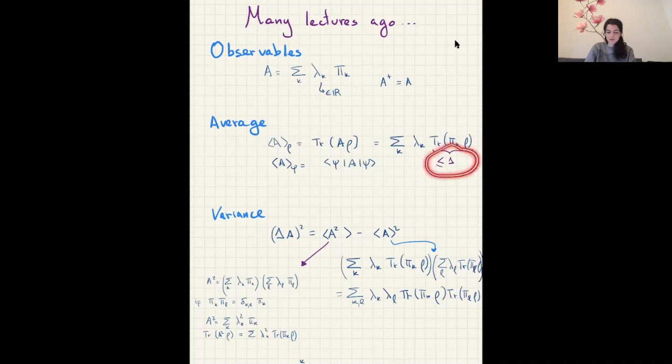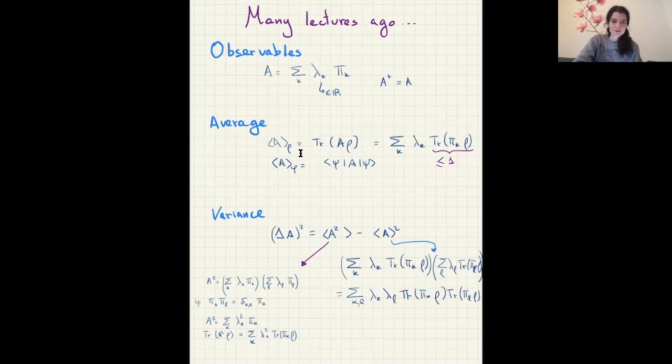In general, it will be at most 1. So when you multiply two things that are smaller than 1, the result will be smaller than the original. That's why, in general, this number here is going to be smaller than this number there. I left a K behind, that belongs here. Okay, so these are things that we know from a long time ago.